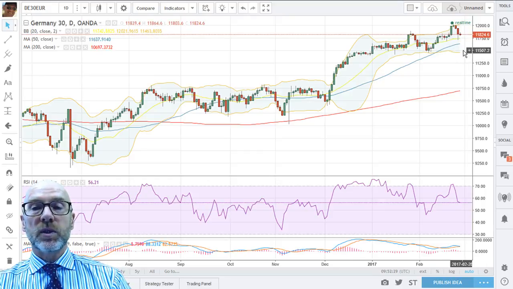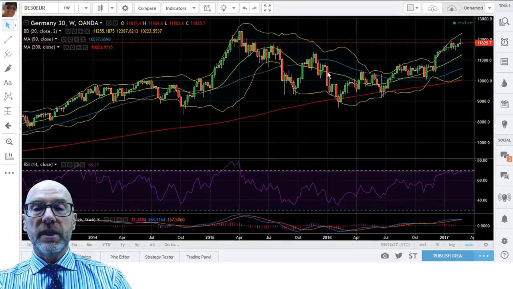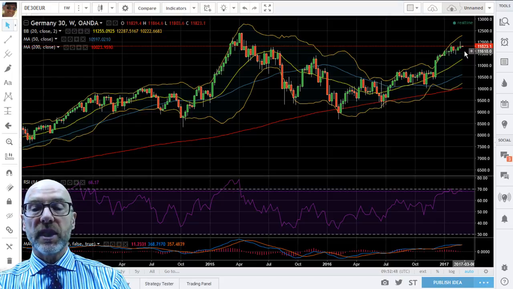But really, we're going to be testing the lower boundary of that uptrend, it looks like. On the weekly, you can see the trend more clearly defined, and really you would expect a pullback to the lower boundary around this level, the 11.620 level.